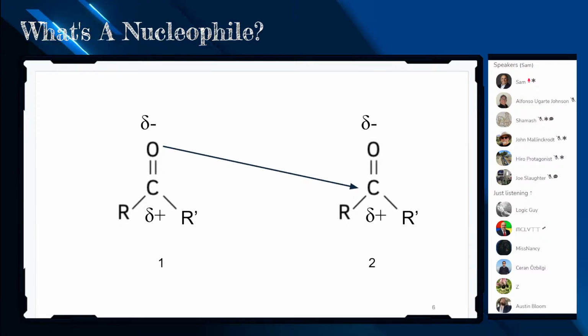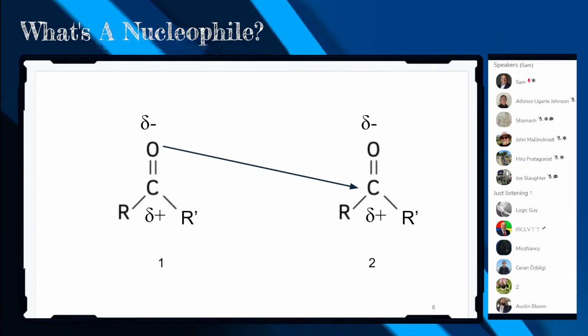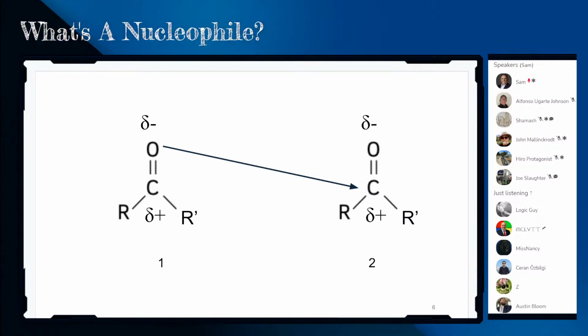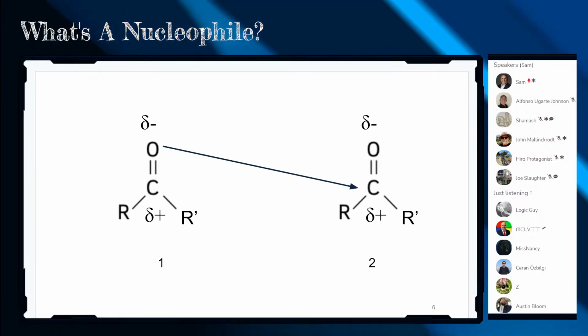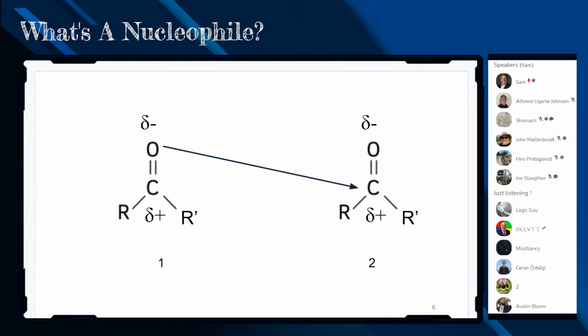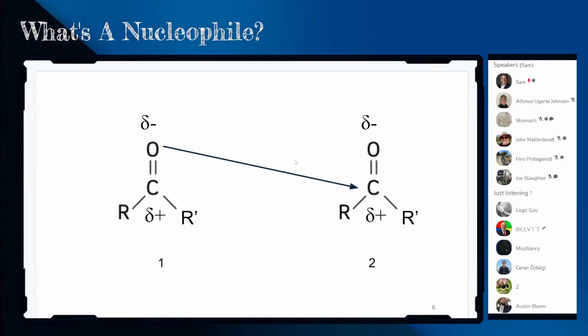So I've shown electrophile and nucleophile here. Sorry, I got a coughing fit. Okay, so on slide 6, I've shown electrophiles and nucleophiles in terms of an acyl group, a carbon double bond oxygen.